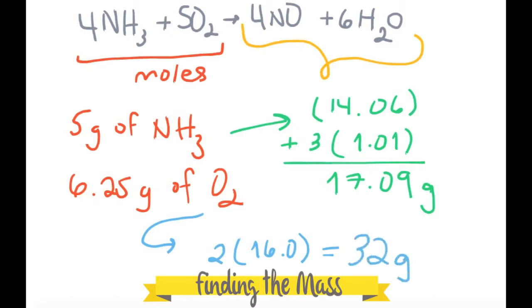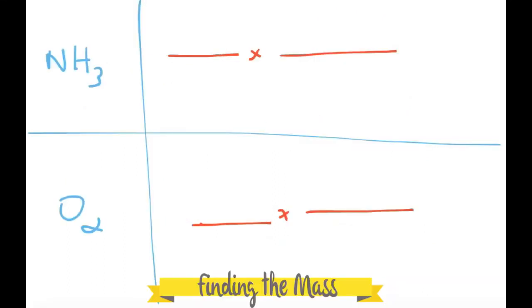Now we need to convert these two quantities from grams into moles. The way to convert grams to moles is by cross-multiplying and canceling out the units.